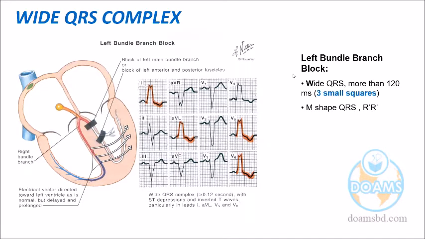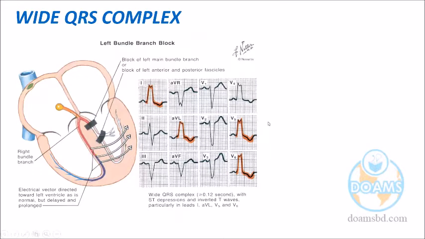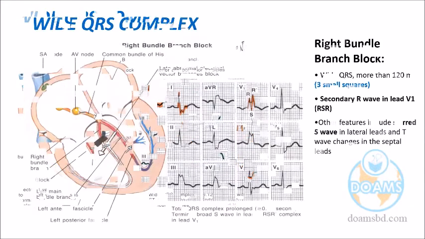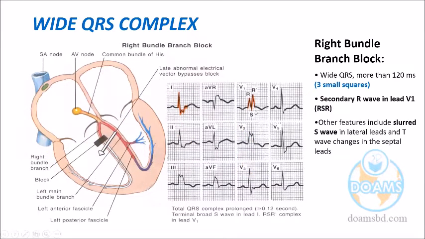Why we will say this is RSR pattern, because S by definition is a negative deflection. If I go back, just to make it clear for someone relatively new, why we are telling this is S? Because it is below the baseline. So there is 2 R in between 1 S because it is below the baseline.